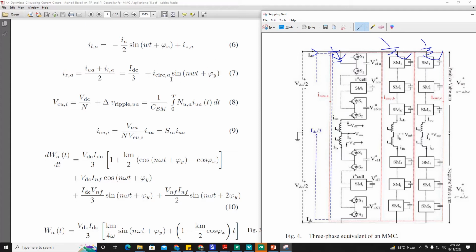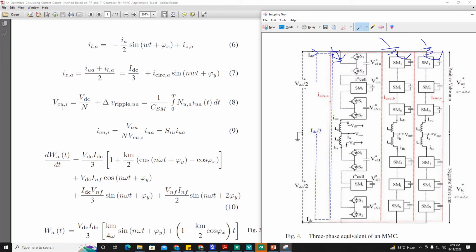This is not desired. We need to eliminate this portion. And a circulating current suppression controller is implemented in the control portion to eliminate and suppress this portion of the equation, circulating current, which is twice the fundamental frequency, and it is found to have a negative sequence component in the case of the balanced grid.